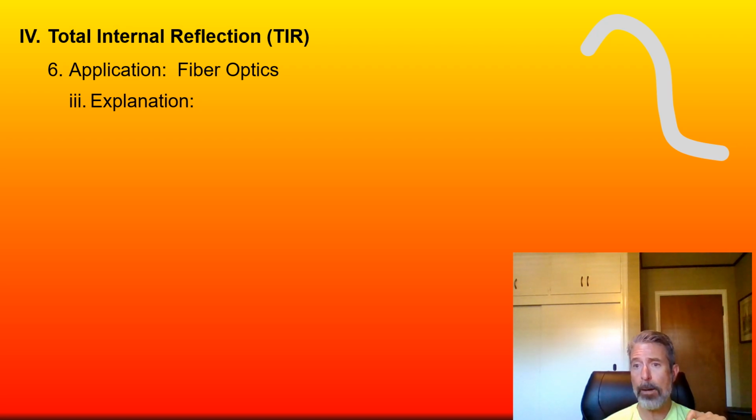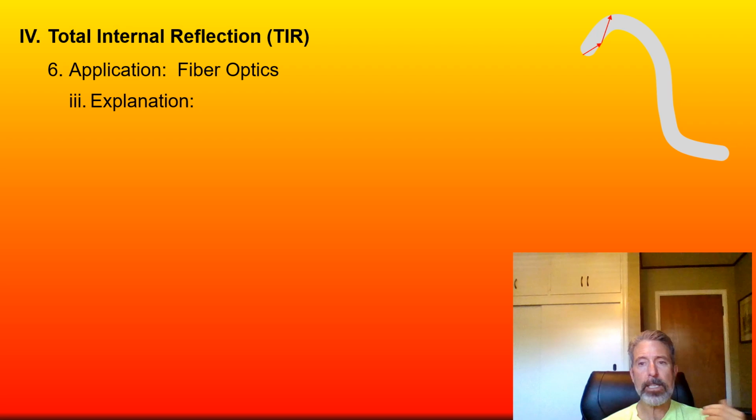Since this fiber optic, this piece of plastic, is surrounded by air, that criterion is met. And if we shine an incident ray here at one end of the fiber optic, if that ray should strike the side, because of the small critical angle here, as long as the angle of incidence is greater than the critical angle for these two media, we will get total internal reflection occur at this interface.